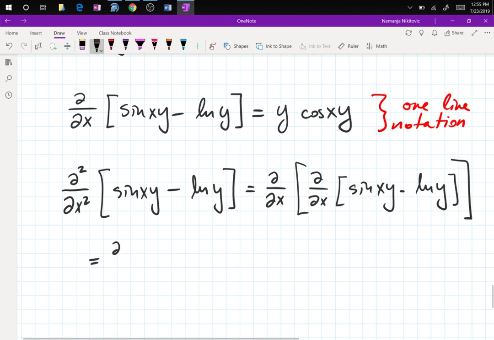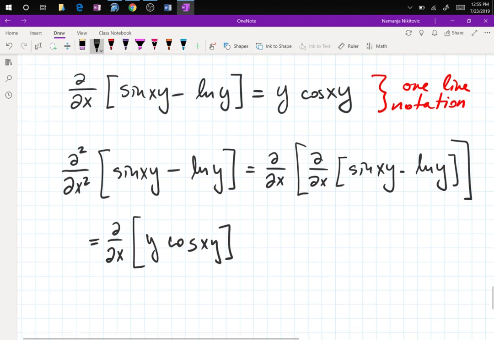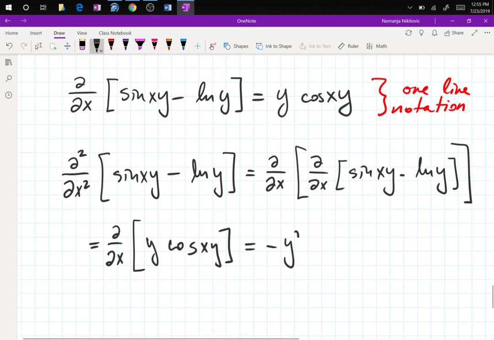So from the first one you will copy the partial with respect to x that is on the outside, and on the inside you will have your y cosine xy, which is the answer for this, and then you are taking one more partial with respect to x, which will give you negative y squared sine xy, right? Because the derivative with respect to x will give one more y out, that makes y squared. The derivative of cosine is negative sine, so they all work together. So that's the notation bit.